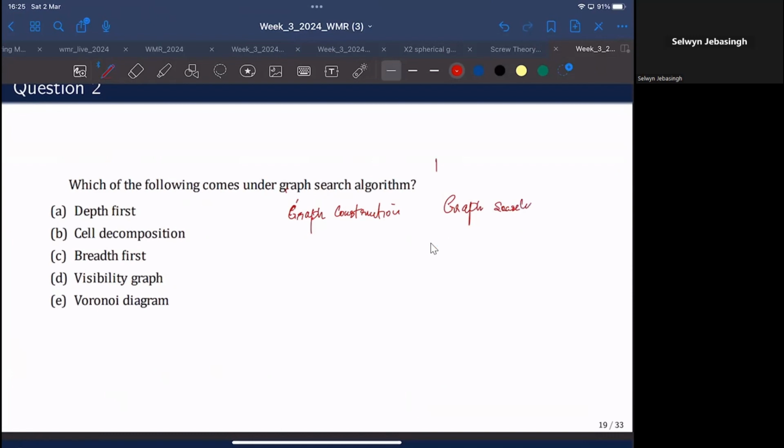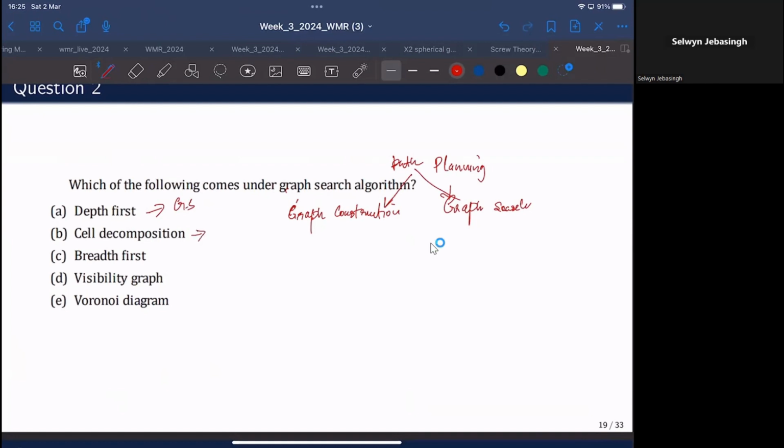So these were the subclassifications of path planning. The question asks which of the following comes under graph search algorithms. So depth first, that is a graph search algorithm.